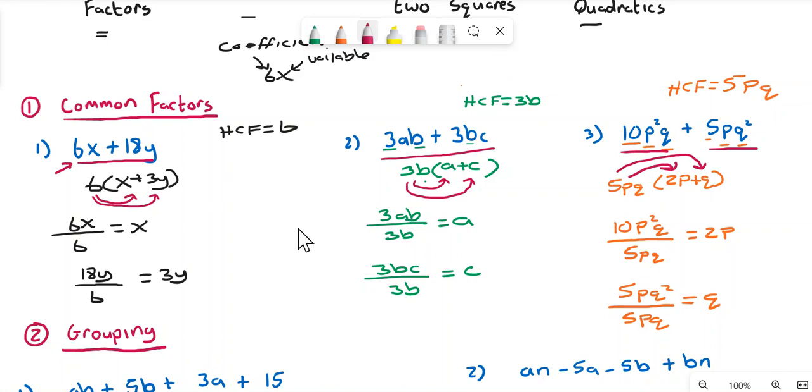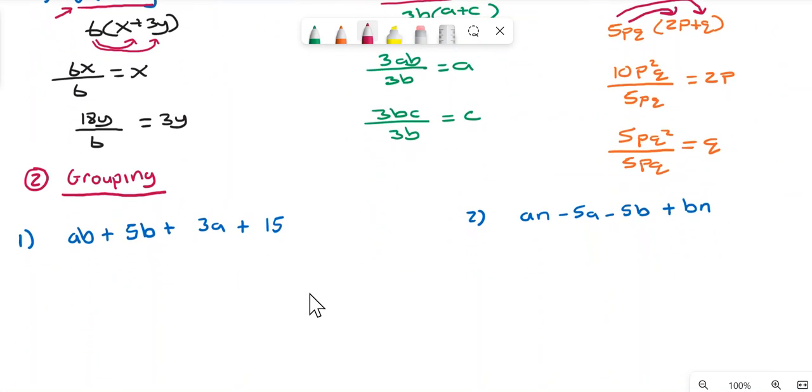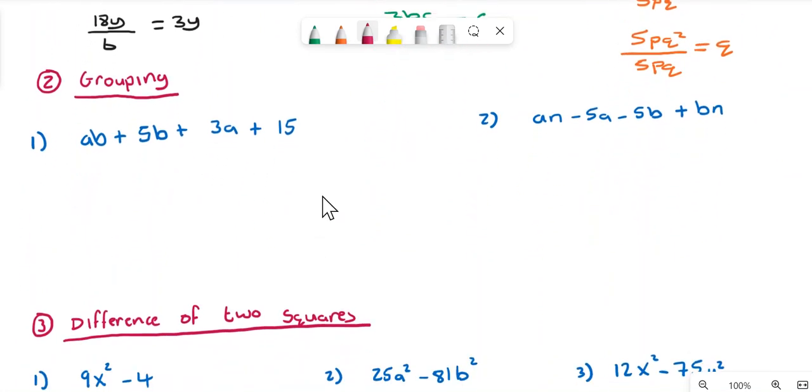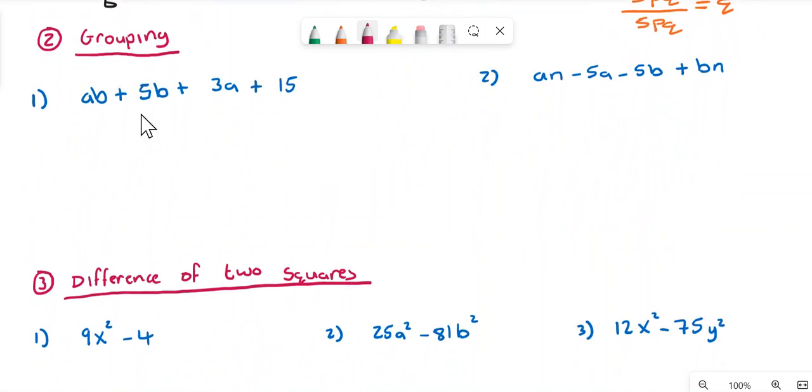So the next method then that we want to look at, if we move down here, is the factorizing by grouping method. So again, this is very similar to the common factors method, except with this you're going to have bigger expressions, and what you're basically trying to do is group them together, and then each of the groups, you can then use the common factors method to factorize it.